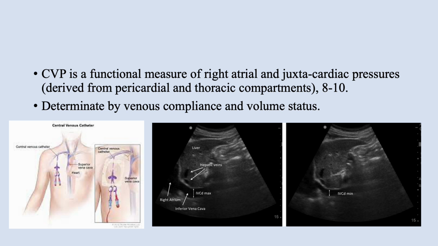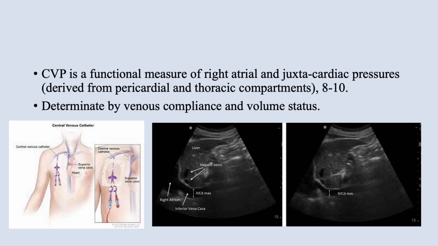Another way to measure it is non-invasively by ultrasound, by assessing the inferior vena cava at the level of its formation, where the hepatic vein meets with the portal vein to form the inferior vena cava.